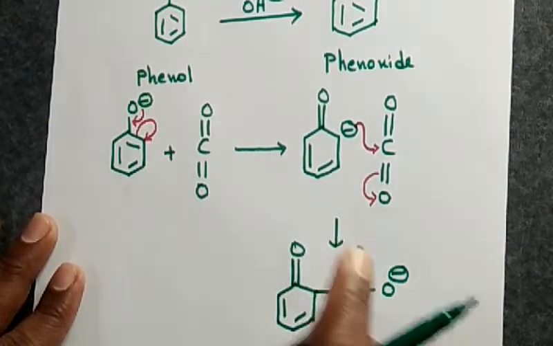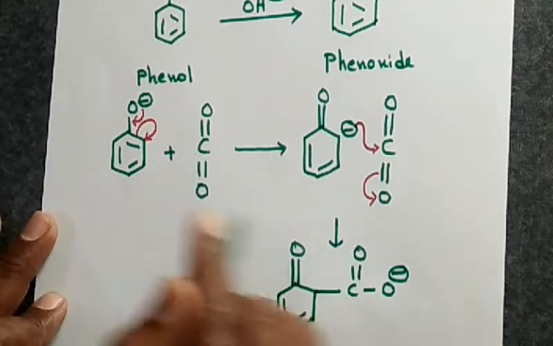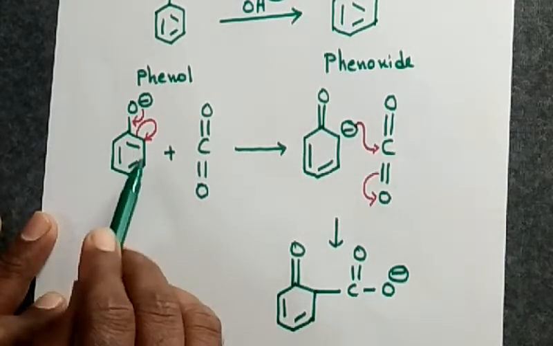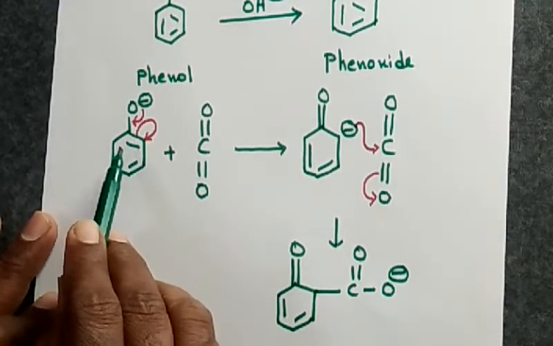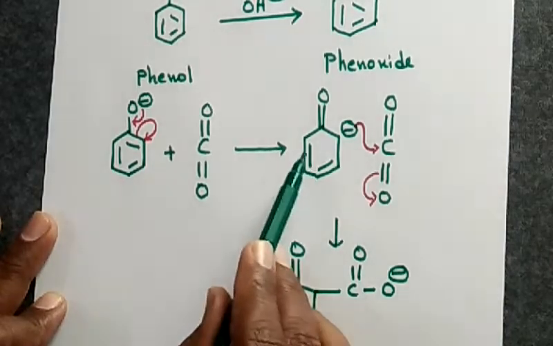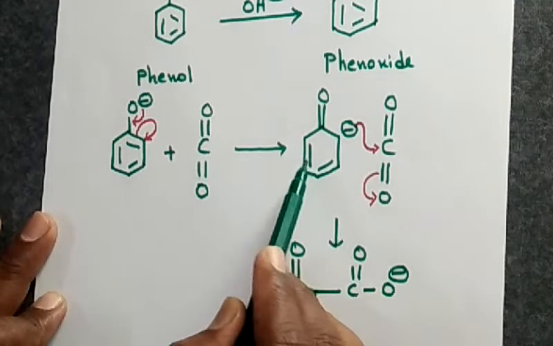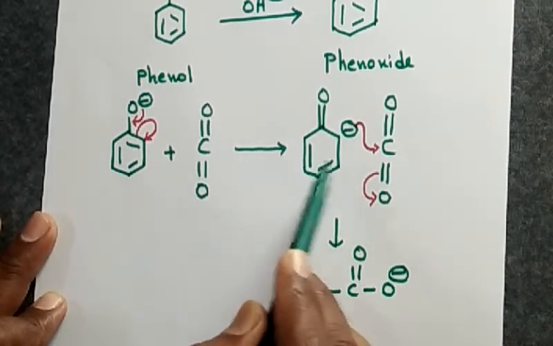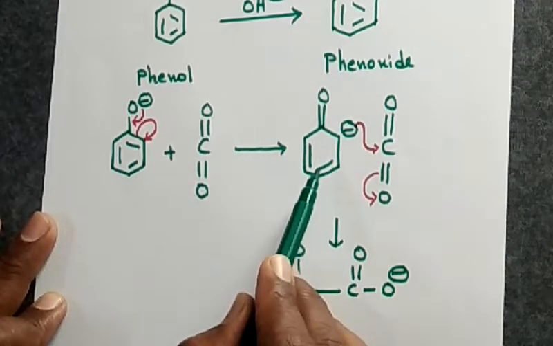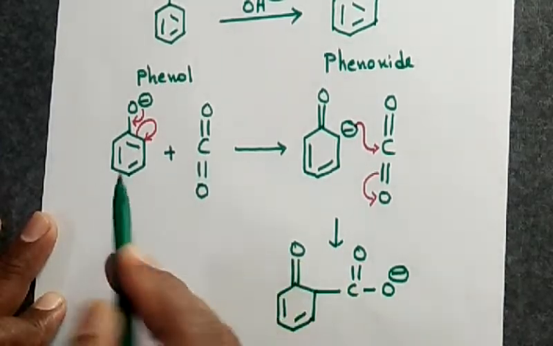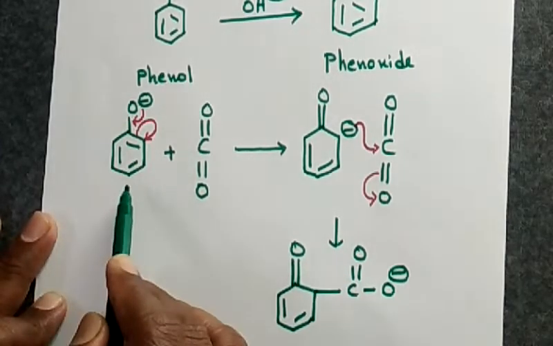Okay, but the important thing, please remember all of you, here there is the aromatic benzene ring system. In this carbanion, it is going to be disturbed. Now what happened is the aromaticity got disturbed here. So it is relatively less stable comparative to the phenoxide ion.